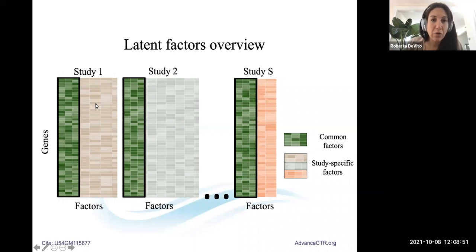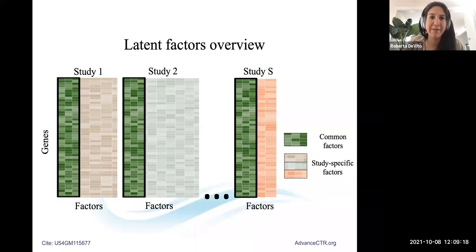And we would like also to define study-specific factors to assess the heterogeneity across each of these populations or studies. And the idea, as you can see here, is arising from genomics, where generally people comparing different studies estimate a shared component.